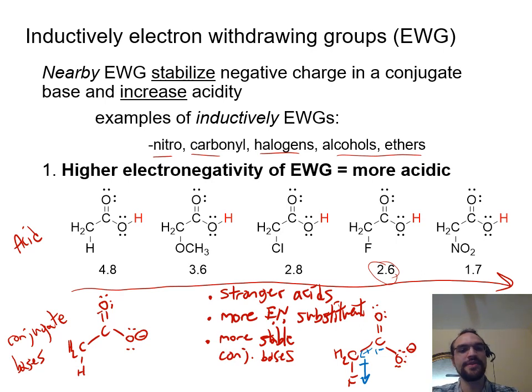Whereas with acetic acid, the CH bond is not really polar at all, but if it was, electrons would actually be going the other way, towards the carbon. So this inductive pulling of electron density in fluoroacetic acid on the right stabilizes the conjugate base, stabilizes the negative charge. And the more electronegative that substituent is, the more stable the conjugate base will be.